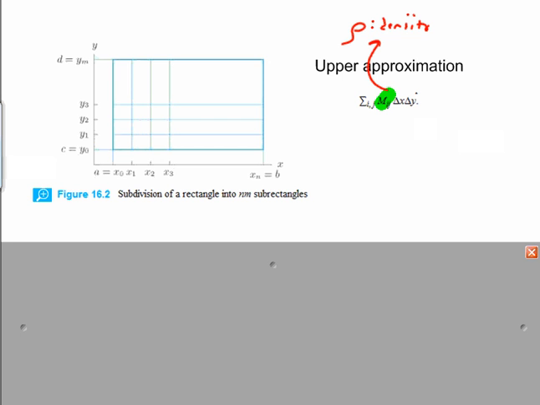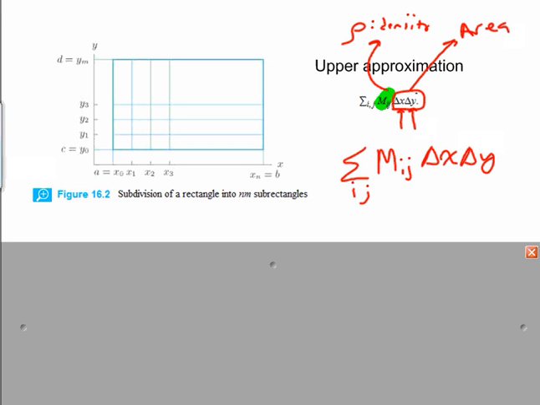And then we're going to multiply that density by our area, the change in x times change in y. So, just to write that a little clearer, the sum from i to j of m_ij, and this is saying the density at different values, multiplied by delta x, delta y.